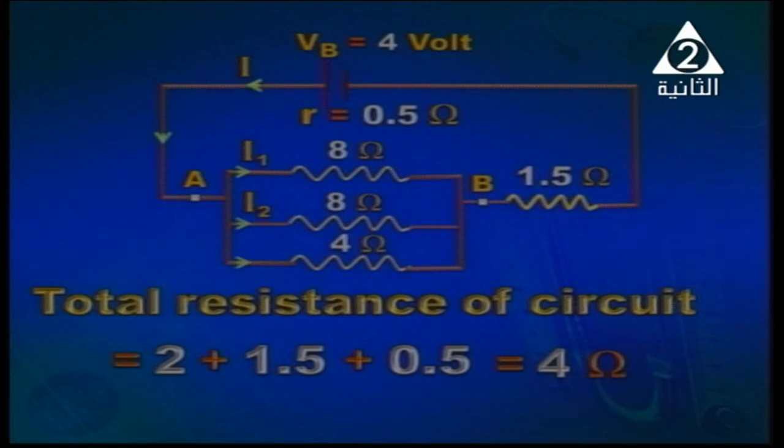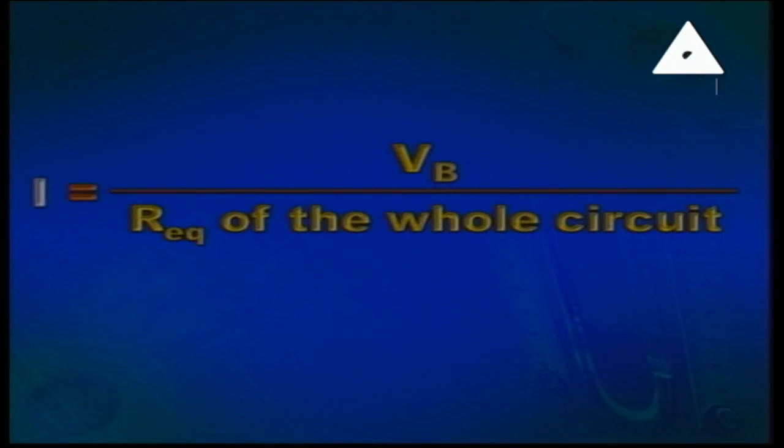Now we can calculate the total current, the current through the battery. So total current equals V battery over R total of the circuit. It is equal to 4 over 4. Total current equals 1 ampere. Current through the battery equals 1 ampere.